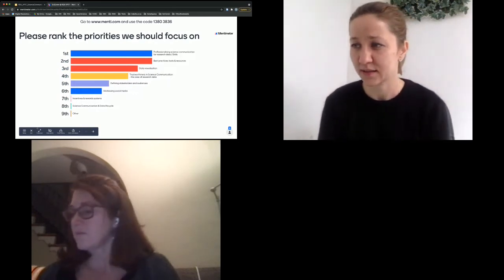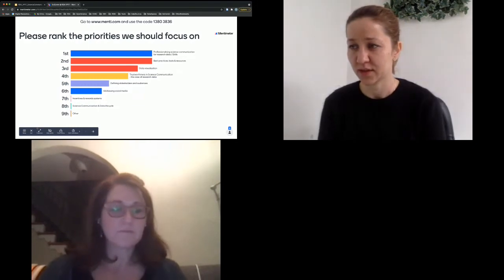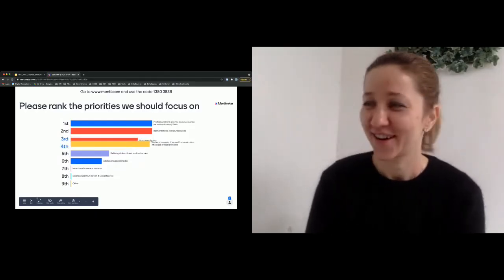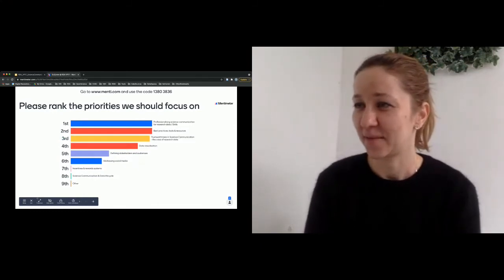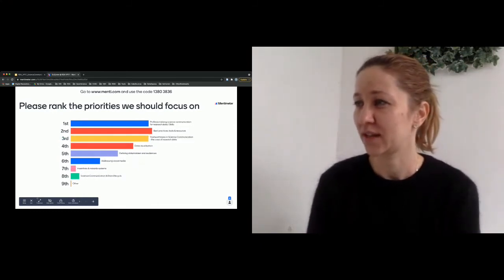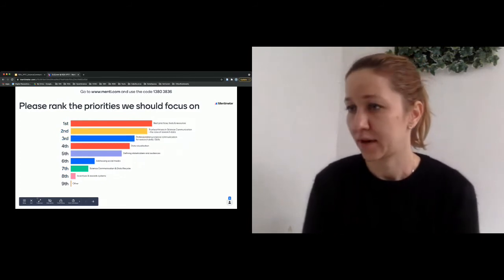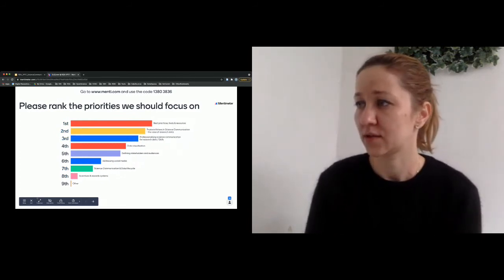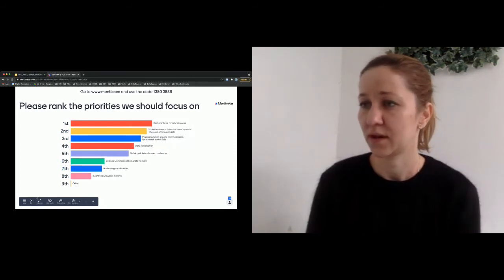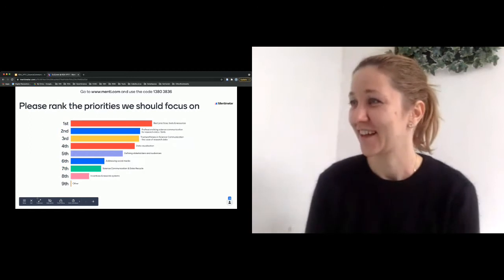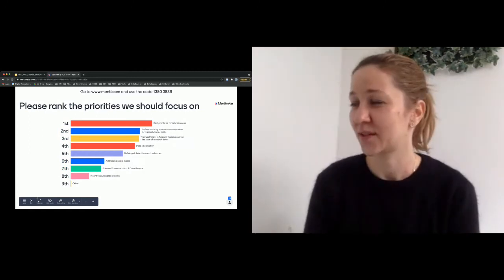It looks like incentives and rewards and the connection of science communication and the data life cycle are not that much of a priority at the moment. So we have, I think, roughly 12 answers so far. Things are changing quite quickly, which is very good. Best practices, tools, and resources, and professionalizing science communication is still at the top.